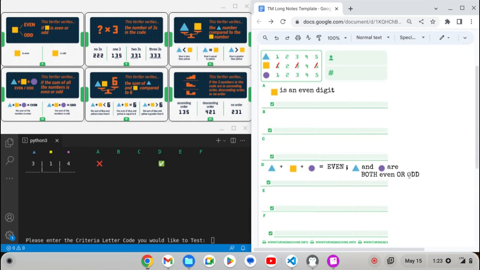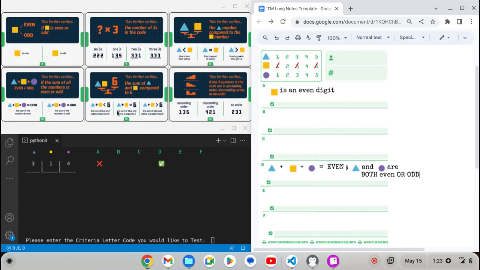So we don't quite know that, but at least we kind of have an idea of what triangle and circle are. So in that case, they could either all be even, or again, triangle and circle will be odd with the middle digit being even. So let's see if we can narrow that down a bit.